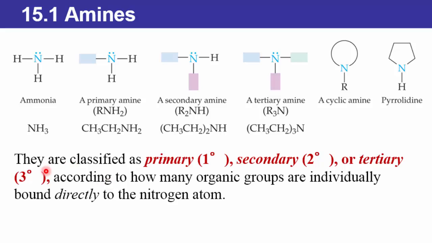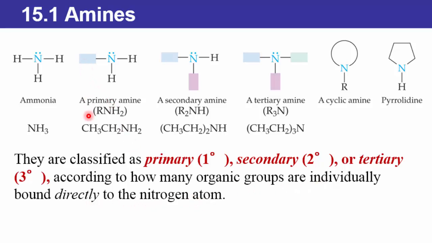Amines, generally speaking, are classified as primary, like this, secondary, like this, or tertiary amine, like this, according to how many organic groups are individually bound directly to the nitrogen atom.